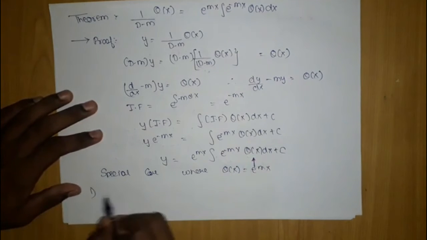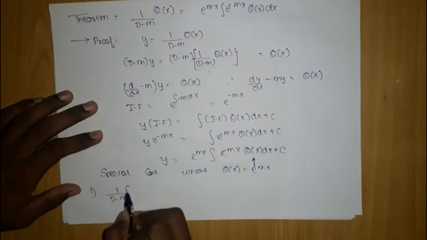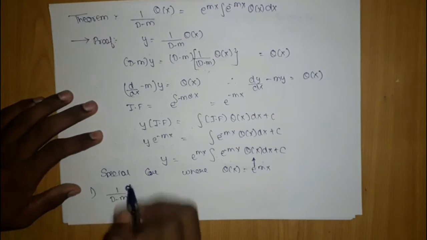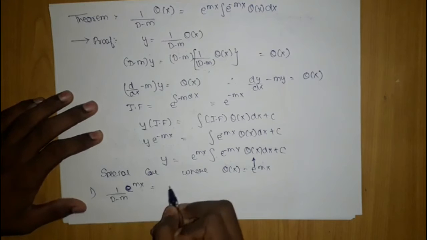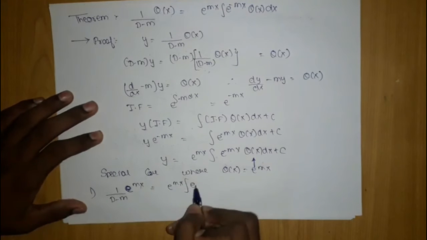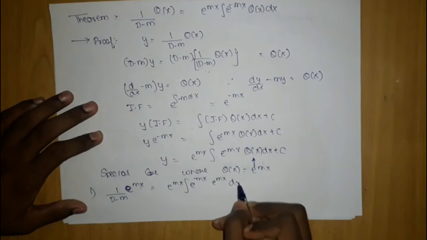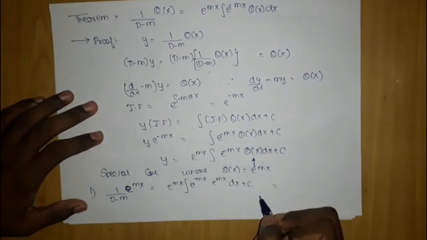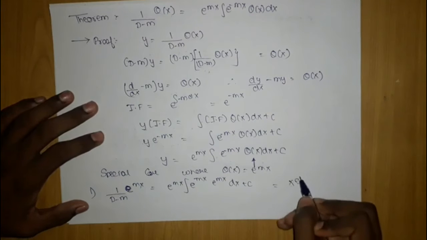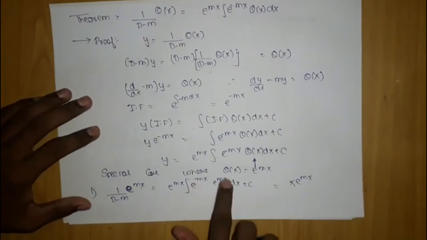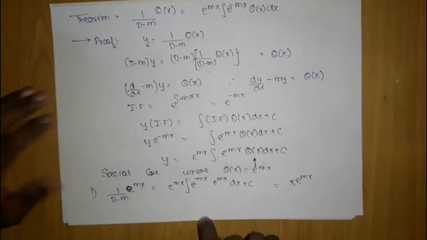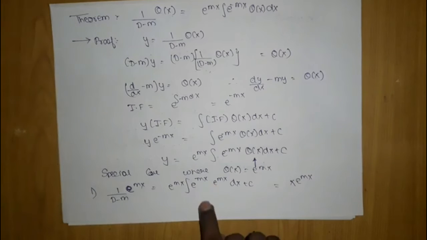Then what you will get is 1 upon D minus m into e to the power mx, which will be nothing but e to the power mx into integration e to the power minus mx into e to the power mx, which is Q of x, into dx plus c. This becomes e to the power 0, which is 1. Integration of 1 dx is nothing but x. So it will be x e to the power mx plus c.